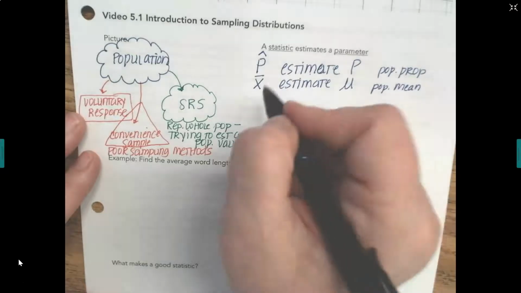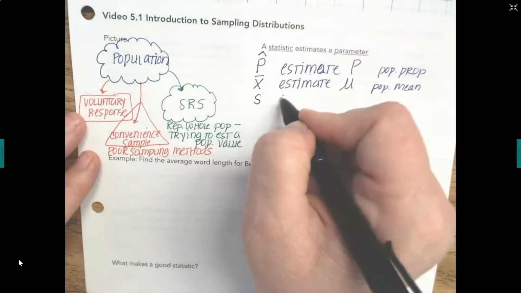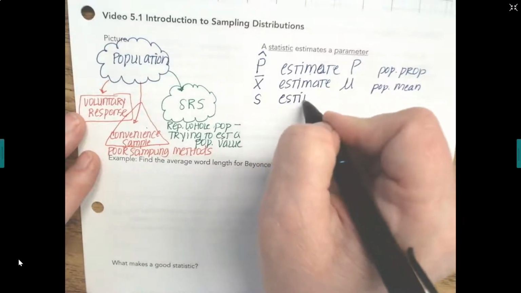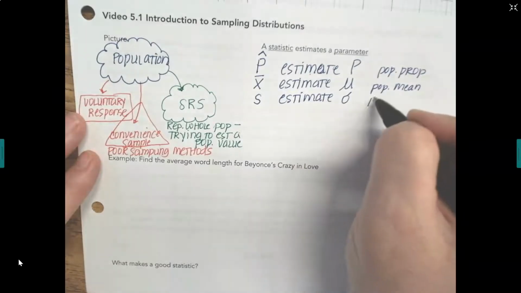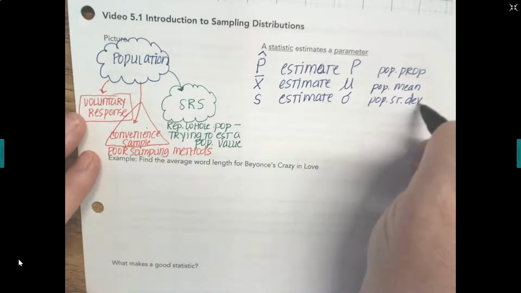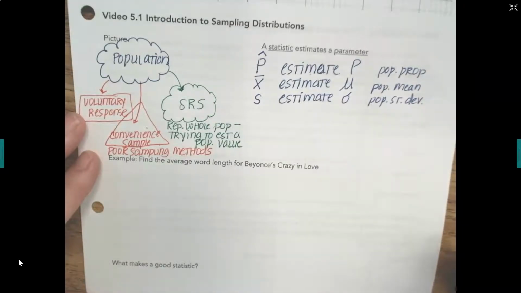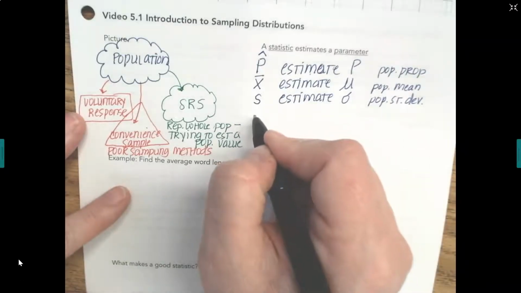We could have s, our sample standard deviation, which helps us estimate sigma, our population standard deviation. Then we can take it a little further if we want to find the difference between two samples.